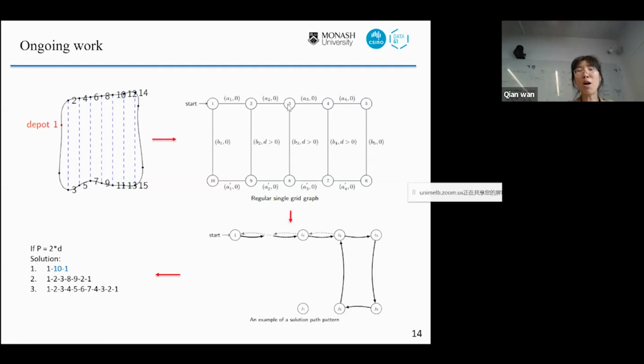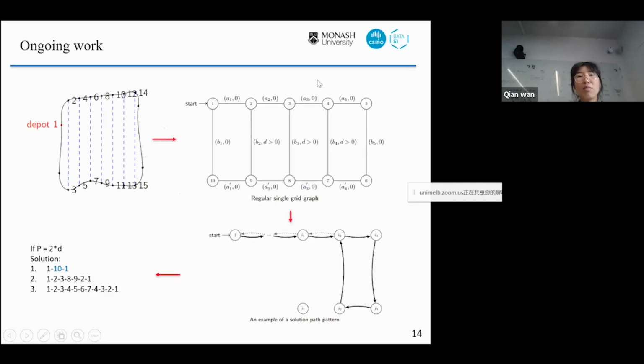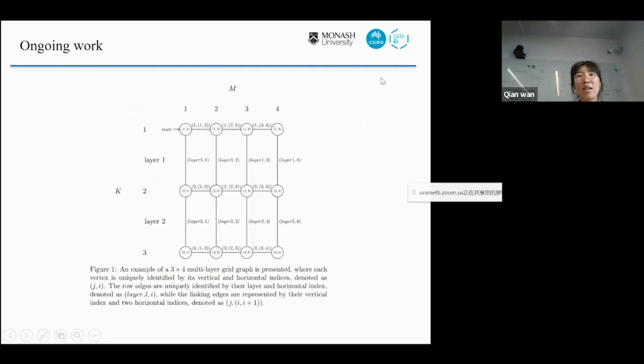We hope that for the regular case, it can provide some inspiration for the irregular case, and we can provide a better bound for this problem because we can round to it in this kind of pattern. And for the large-scale problem, we can solve it efficiently. We also work on the multiple layer problem, because this problem is single layer, meaning that we only have one layer, but for this complicated case, we have 2 layers.